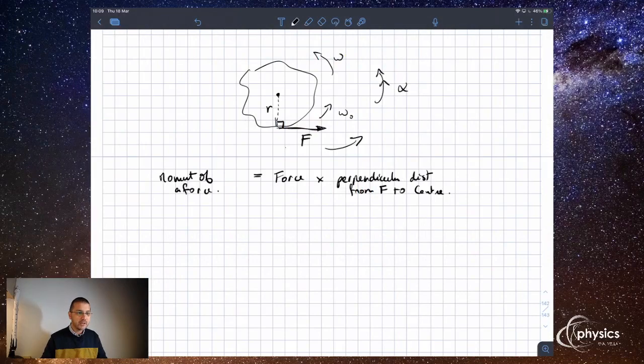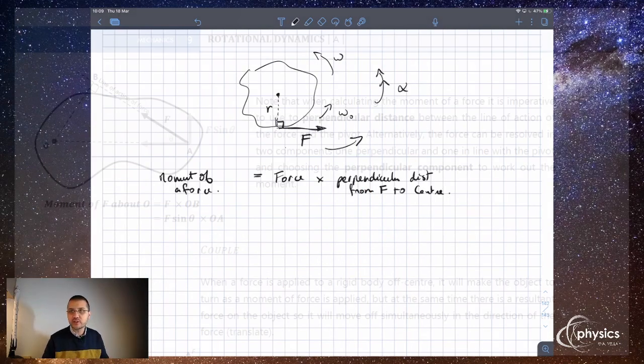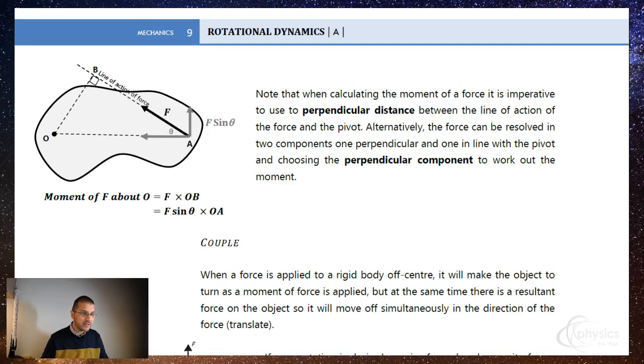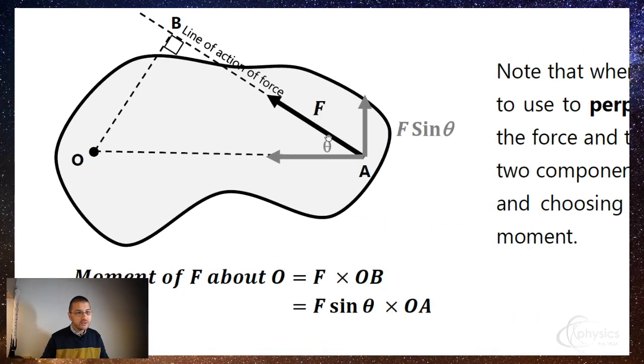Now, as I have already said in the previous topic, in that short topic, equilibrium, since the force and the distance have to be perpendicular, if the force, as I have in this diagram here, is not perpendicular to the distance, then you have two things that you can do in order to calculate the moment of a force.